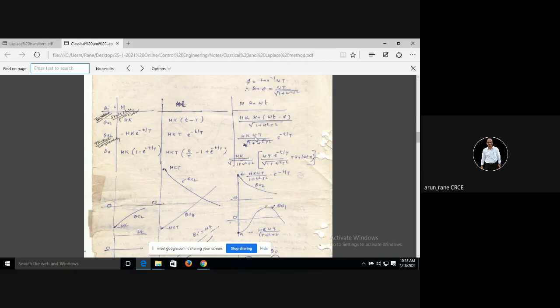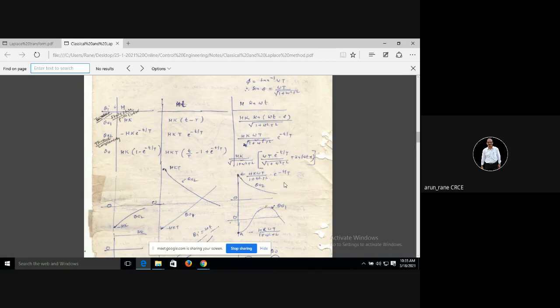So you will get hk omega t upon 1 plus omega square t square, and then this is again an exponential, so it will go on decreasing like this.